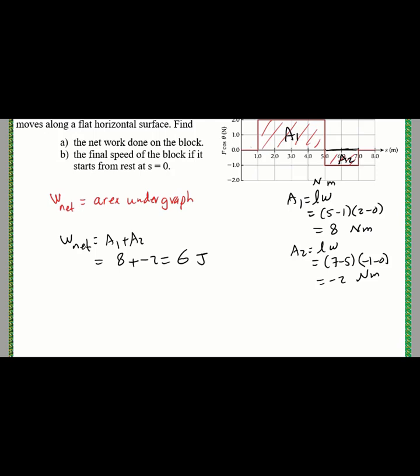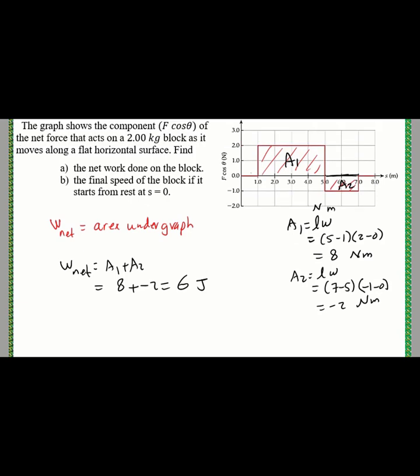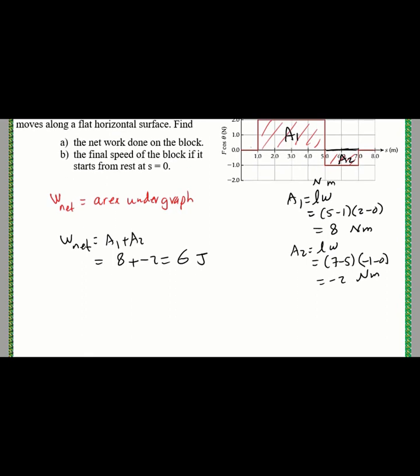Find the final speed if it starts from rest at S equals 0. Here we need to use the kinetic energy work theorem. Delta K plus delta U equals the external work, and the surface is horizontal, so delta U equals 0.